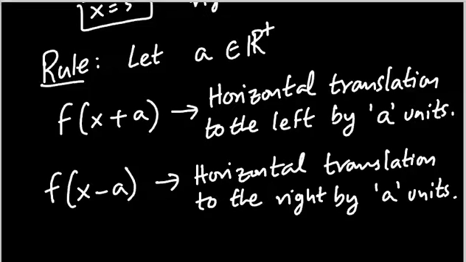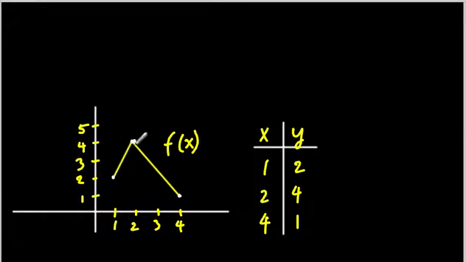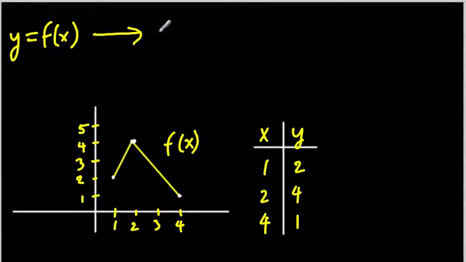Let's demonstrate this with an example. Again, this is the example that I've been using throughout. So here are the edge points for this function, which are 1, 2, 2, 4, and 4, 1. So let's say, for example, here's my original function, y equals f of x, and I translate that to y equals f of x plus 2. So once again, it affects the x's, but not the y's.